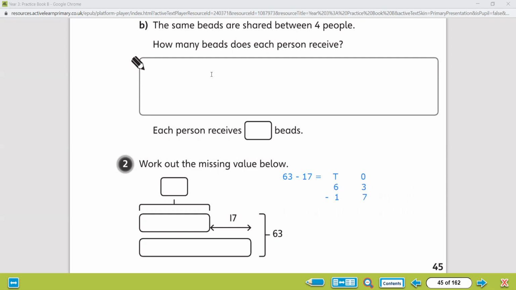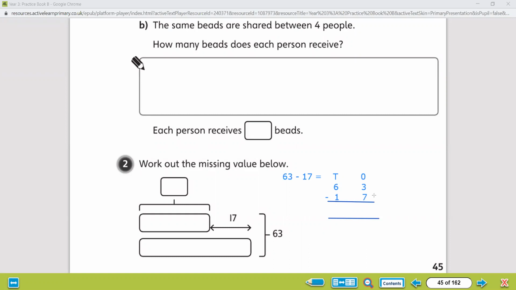I'll do my equals. Okay. 3 take away 7. Can I do 3 take away 7? Hold up 3 fingers in front of you. Can you take 7 away from those?